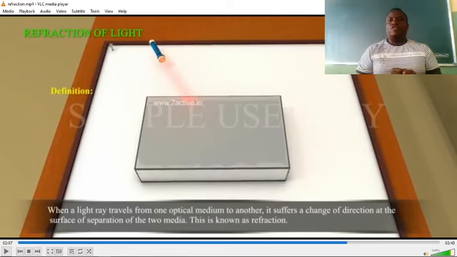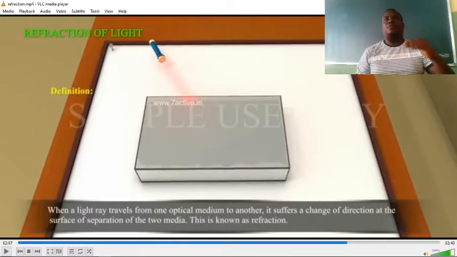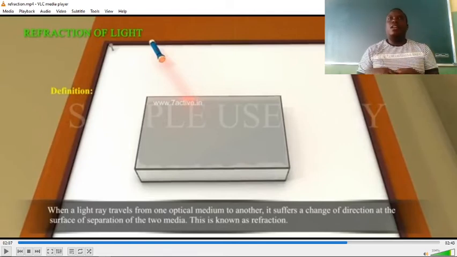On the surface of separation, this light will suffer what we call a change of direction. This is caused by changing medium. It comes from one medium, which can be less dense or more dense, and enters another medium.